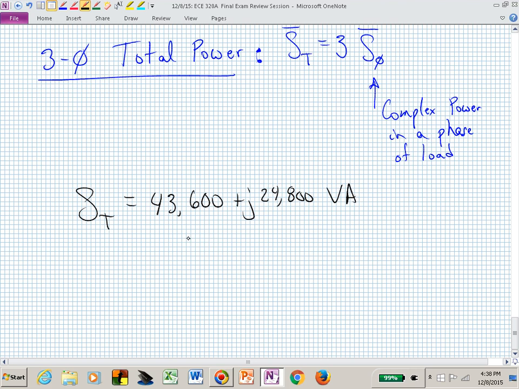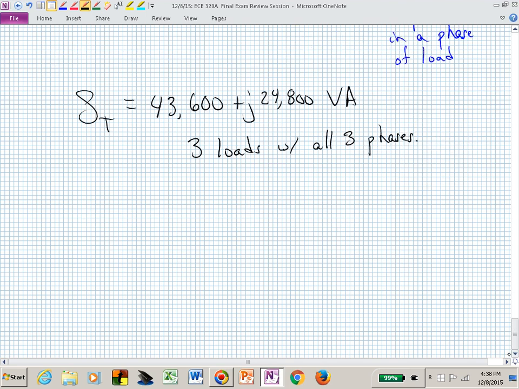That was 3 loads with all 3 phases. Do you remember a formula for total power when you are looking for the line current?